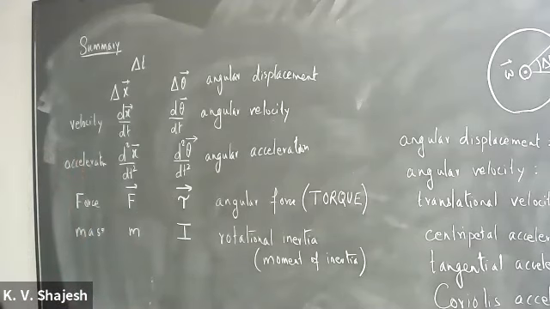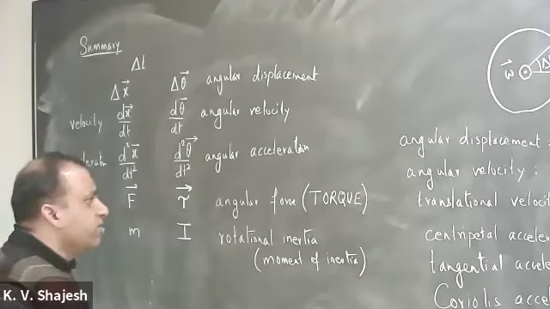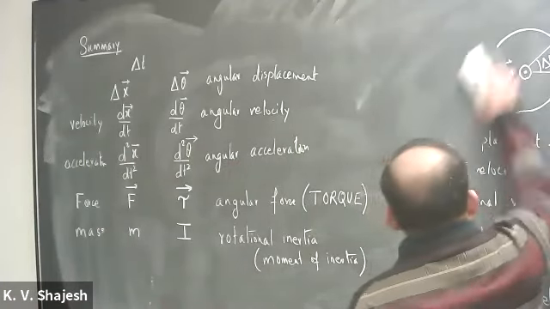This will be given in terms of the vector product or the cross product. So let's quickly review that.